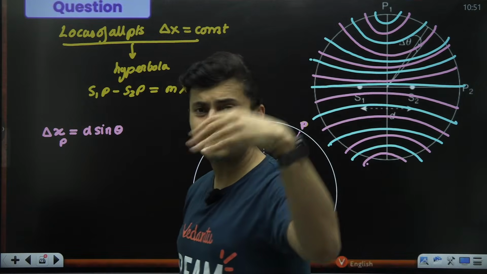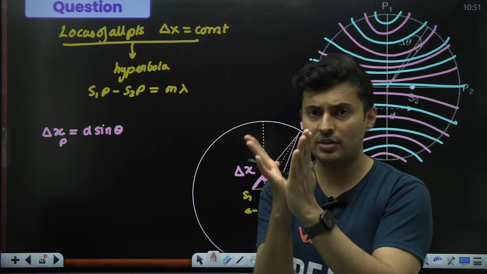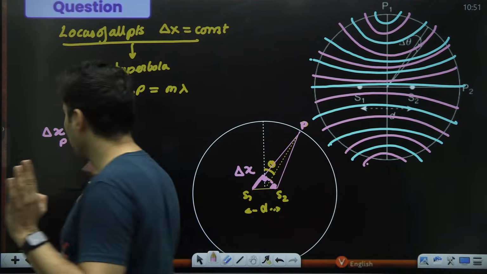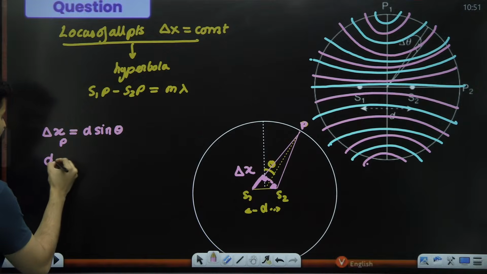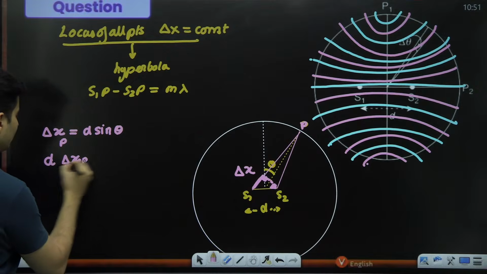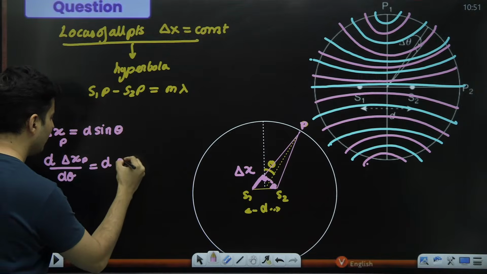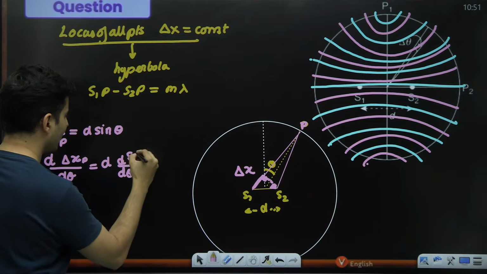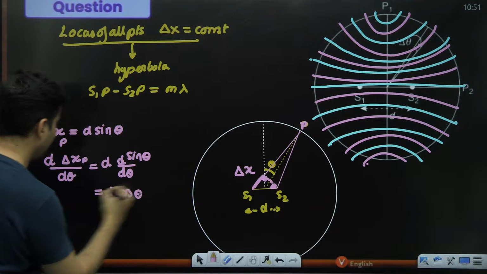So if I'm interested in the difference of the angular positions, which gives me the angular fringe width, I must be interested in the derivative of this. So what I will do is take the derivative of delta xp with respect to theta. This will be nothing but d derivative of sine of theta. The derivative of sine of theta is nothing but cos of theta.